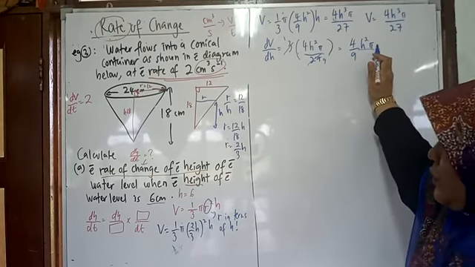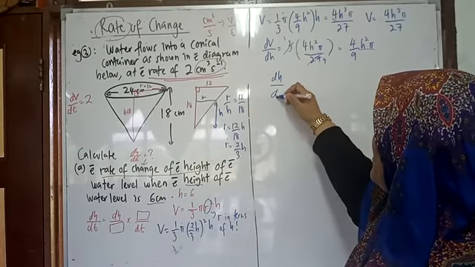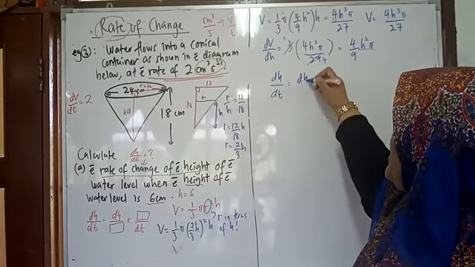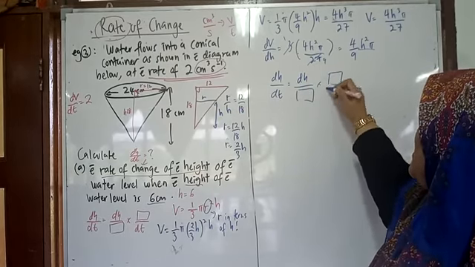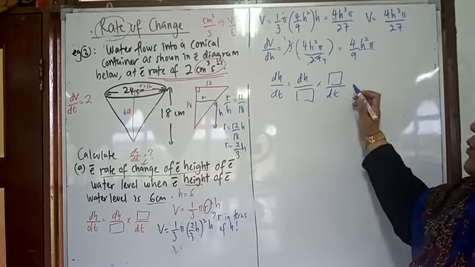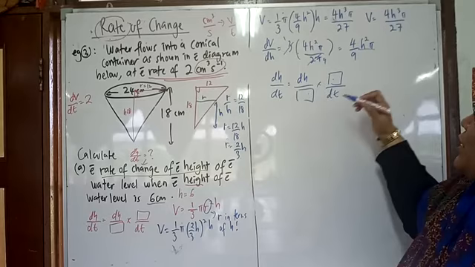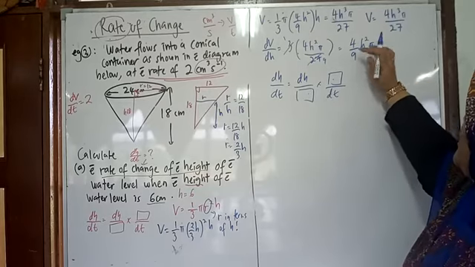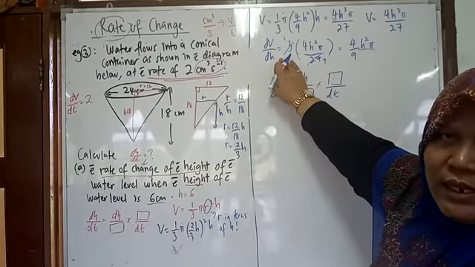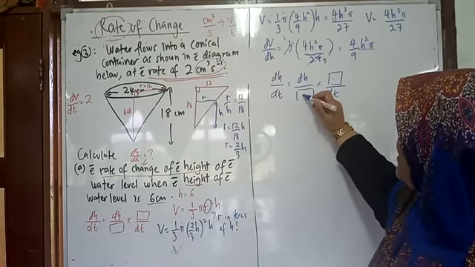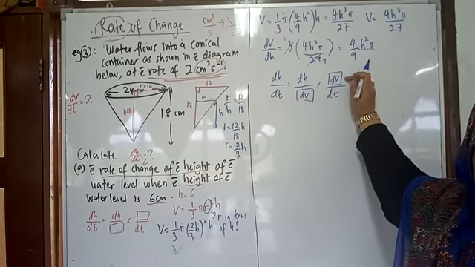So the question asks for dh/dt. dh/dt is equal to dh over dV times dV/dt. So what is the term that needs to be filled in here? We have dV/dh, so that means this is the other term that we need to fill in the box.